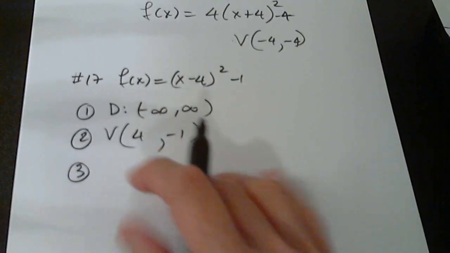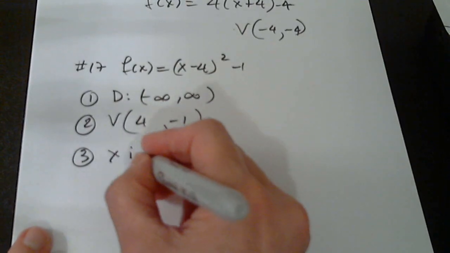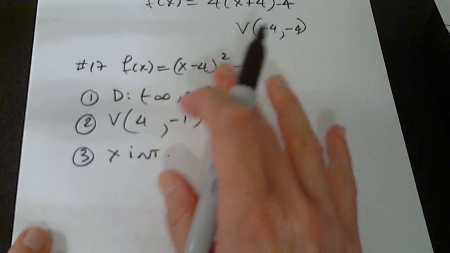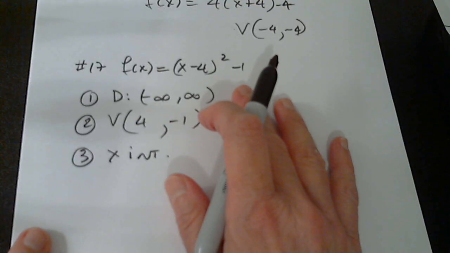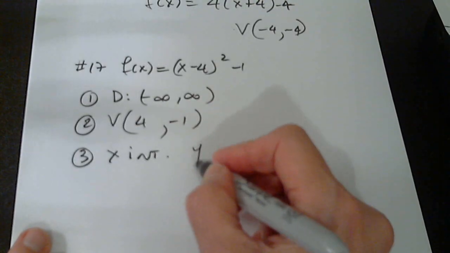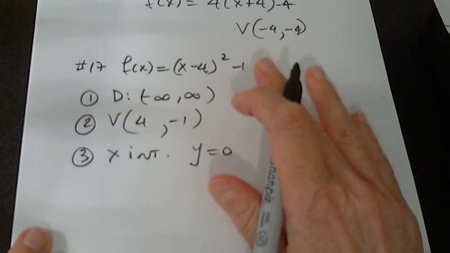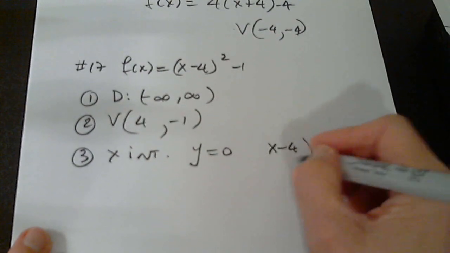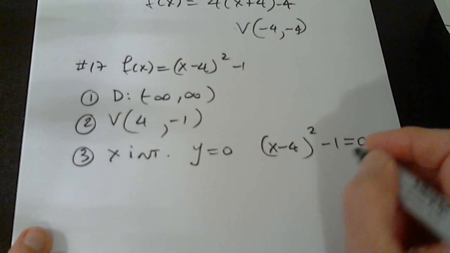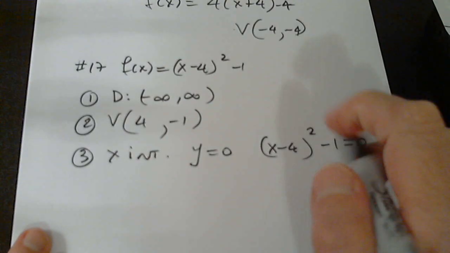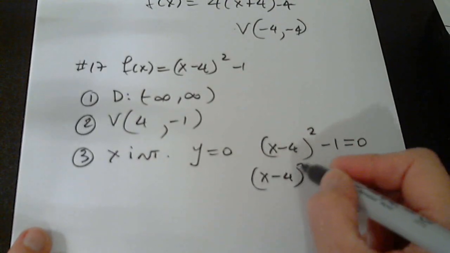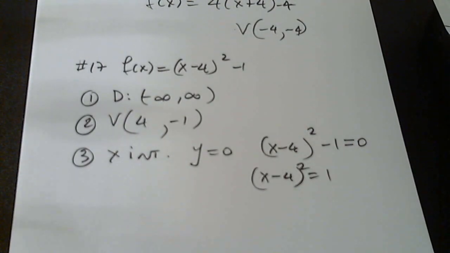In number 3, the x-intercepts. Now this may require a little bit more work this time, because I have to set y equal to 0, and here's what happens. I have (x minus 4) squared minus 1 equals 0. Of course, I have to move the 1, and then I have to apply one of the methods that we used before on test 1.